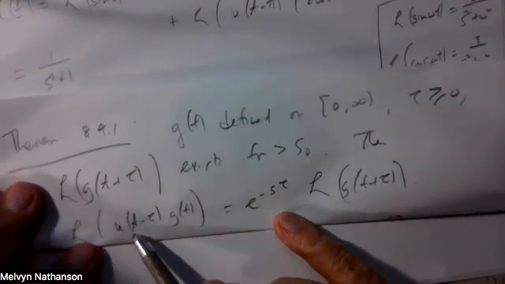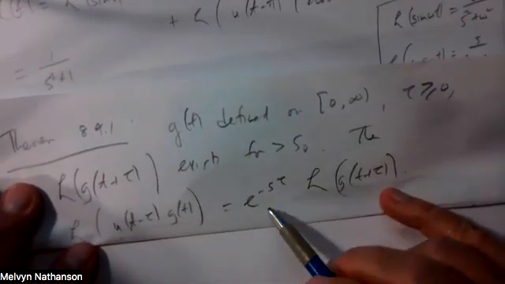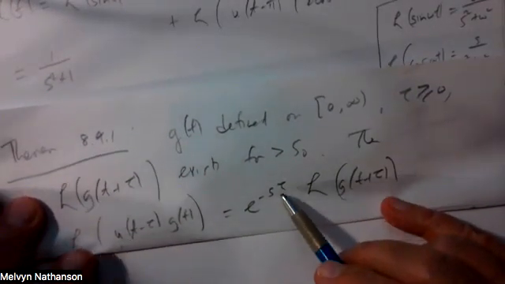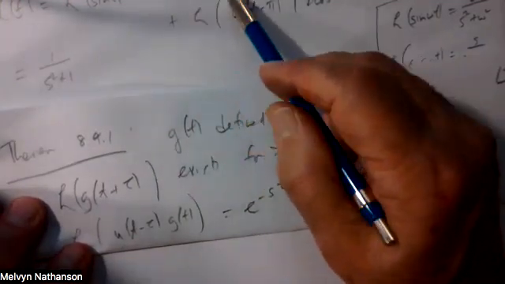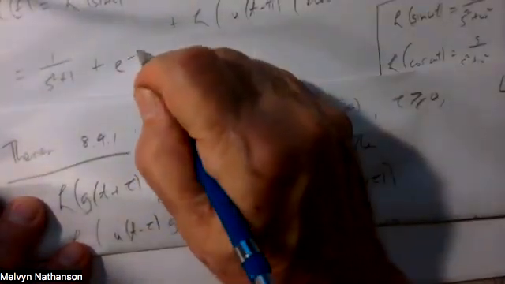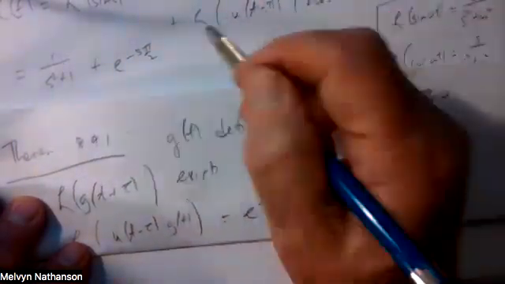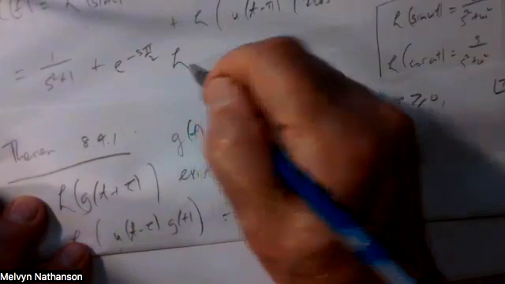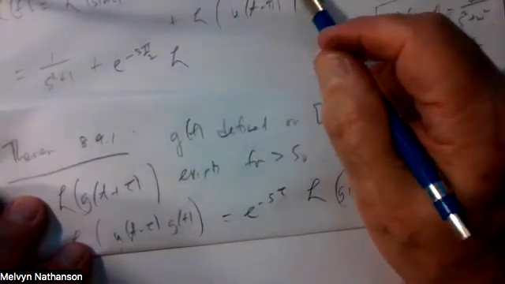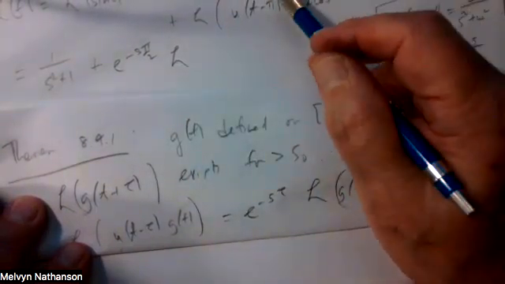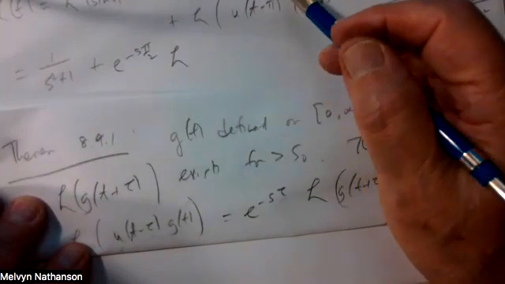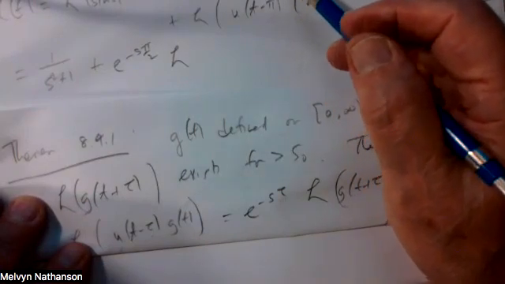Laplace transform of u of t minus tau, I get a factor of e to the minus s tau. So here I have u of t minus pi over 2. I'm going to get a factor of e to the minus s pi over 2 times the Laplace transform of t replaced by t plus pi over 2.